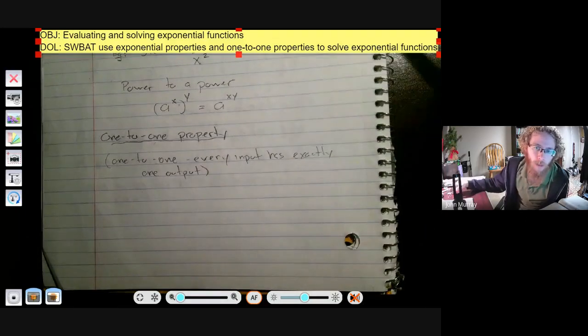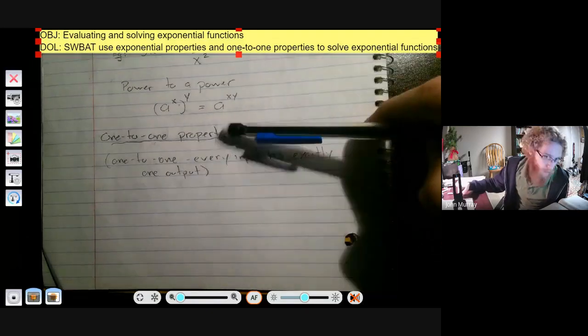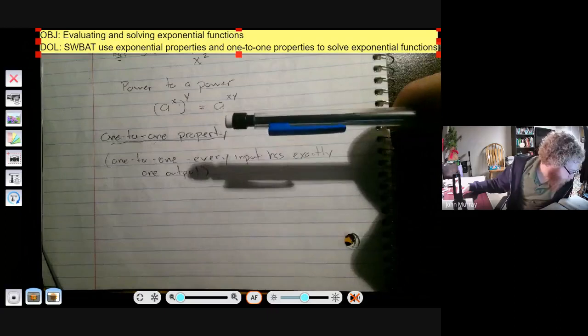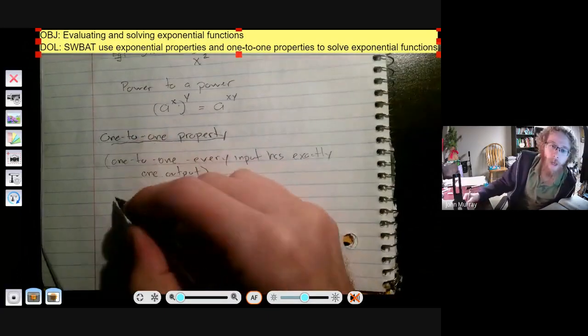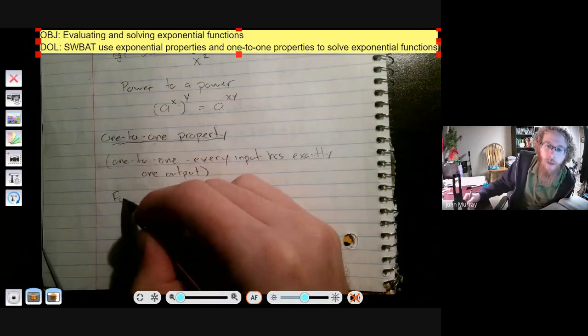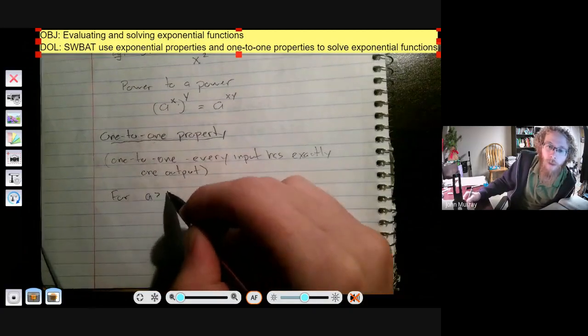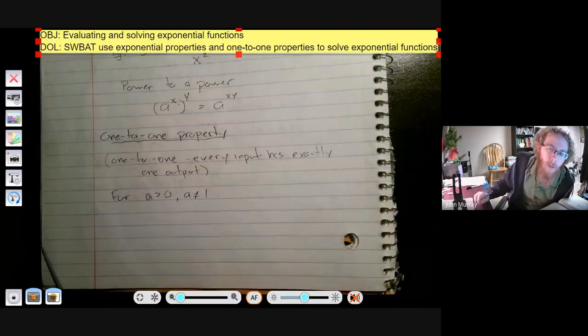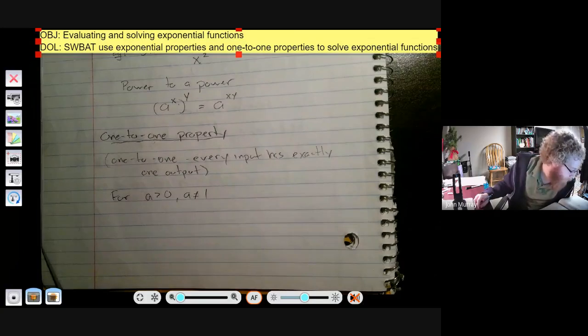We're going to see that a little later. The other part, for now, is the one-to-one property. Again, we have the same rules: our base has to be greater than 0, and it can't be 1.